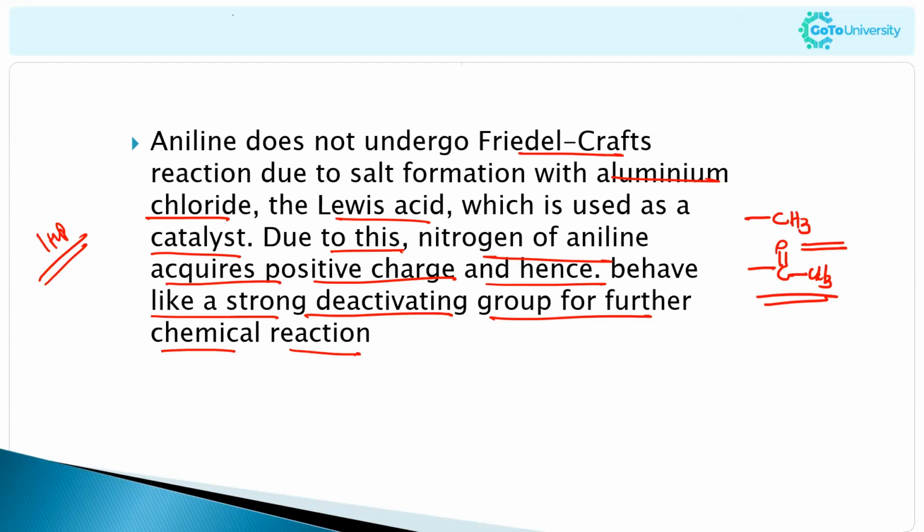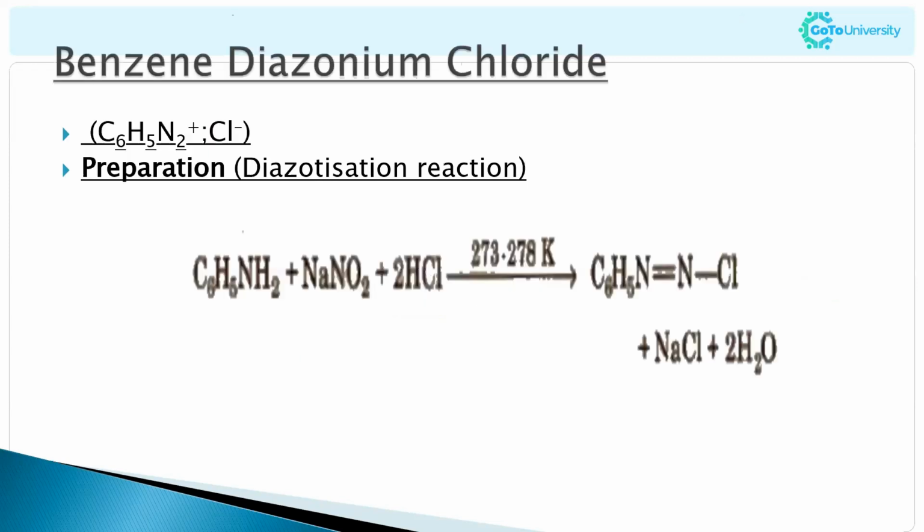Okay, now next one, benzene diazonium chloride. So when aniline reacts with sodium nitrite and HCl, that is called diazotization. Okay, when this aniline is undergoing diazotization, they will produce benzene diazonium chloride. Okay, that is the reaction.